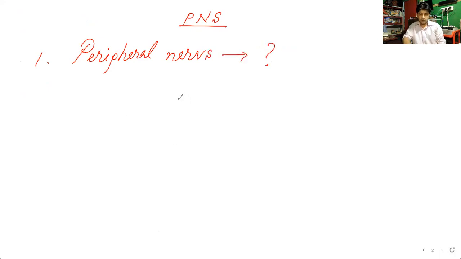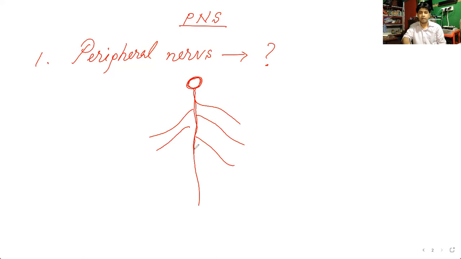Last time we discussed that in the brain the medulla oblongata is there, and from the medulla oblongata the spinal cord is coming. So up to this we discussed in the CNS. Now from this spinal cord, 31 pairs of other nerves are coming out. That means branches, you can think of them as branches of the spinal cord.